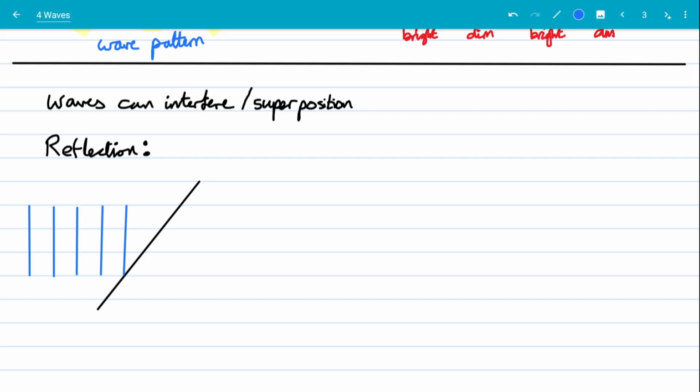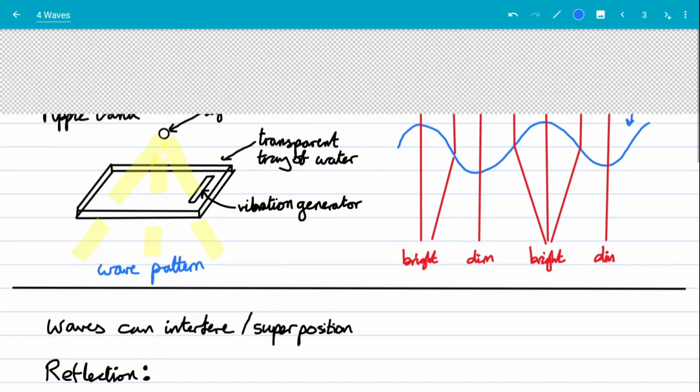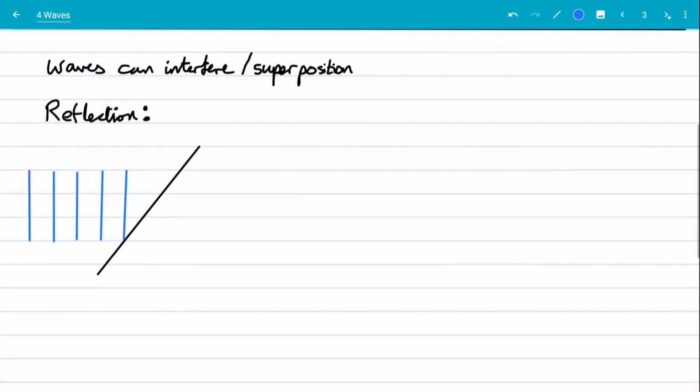So constant phase is one way of thinking about it. So we can say all the crests, we could say all the troughs, or we could say all the points where the phase difference is 30 degrees. Phase difference between the beginning of our wave and there was 30 degrees. It doesn't matter. We could say any of those.